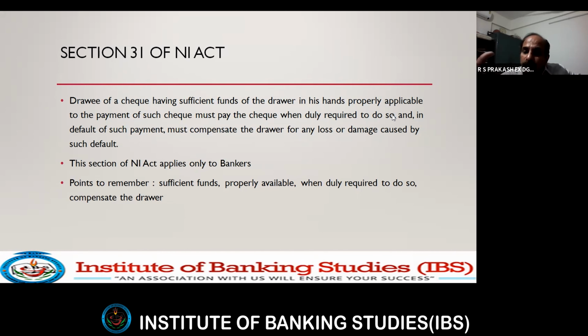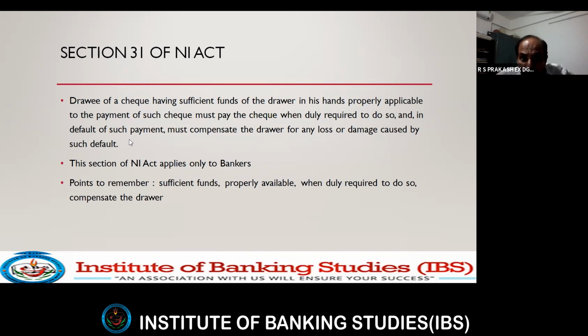Now you can refuse. Otherwise, if there is a clear balance of 15,000 and there is a check for 40,000, it has to be paid. This is the obligation of a drawee bank as per section 31. The obligation of the drawee bank has been clearly spelled out in section 31.